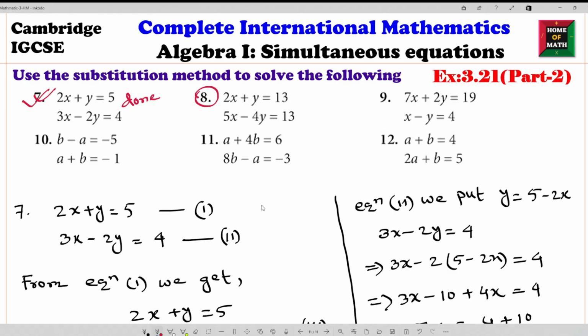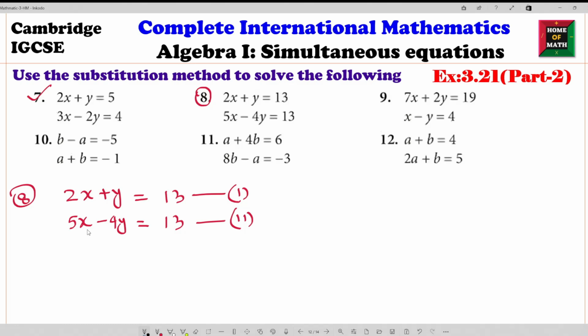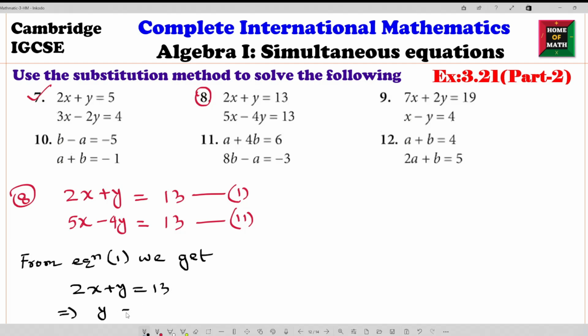Now number 8. Number 8, 2x plus y equals 13, which is equation 1, and 5x minus 4y equals 13, equation 2. So from equation 1, we get 2x plus y equals 13, and we can write y equals 13 minus 2x.